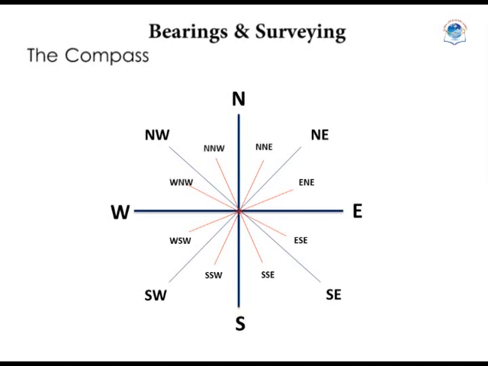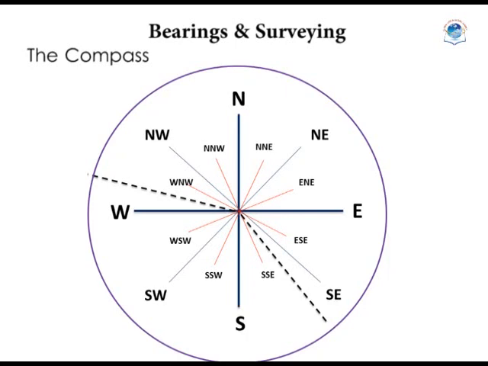This is a very useful way of designating 16 different direction points. But the problem arises when we talk about directions in between these points. Do we talk about south-southeast, southeast, or west-west, north-west, north? We end up with huge letters and still might not be able to locate all points. So instead, we use a different system.